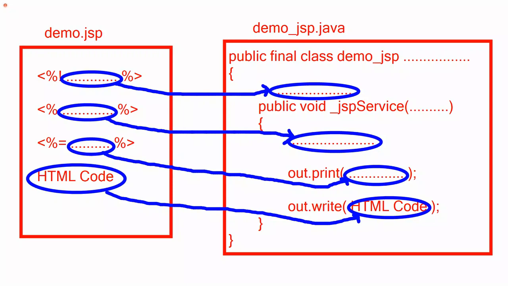Now, first of all, whatever is valid here is valid here. For that purpose, Core Java knowledge is required. But for our application, whether an instance variable, class variable, or local variable is required, you have to select.